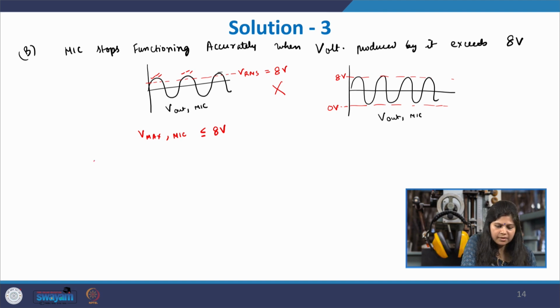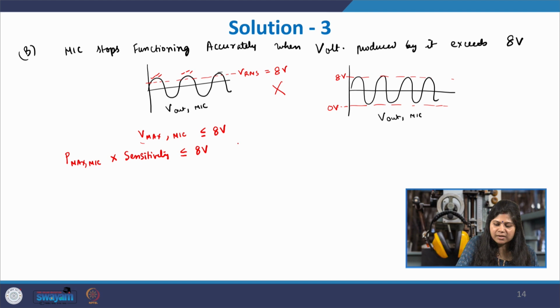This means that, to obtain the pressure corresponding to the voltage max value, V max will be obtained by multiplying the P max at the microphone with the sensitivity of the microphone, and that should not exceed 8 volts.